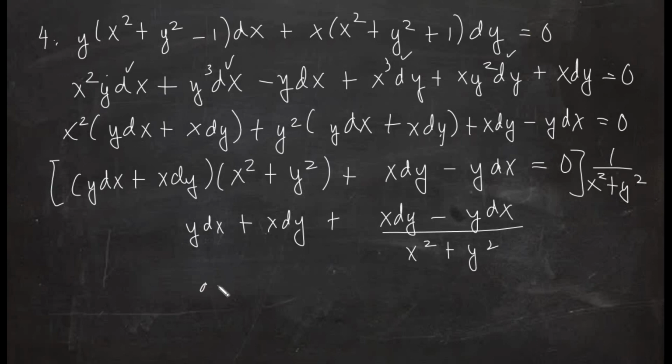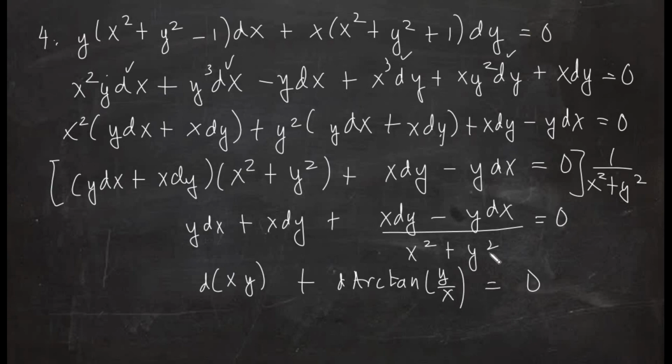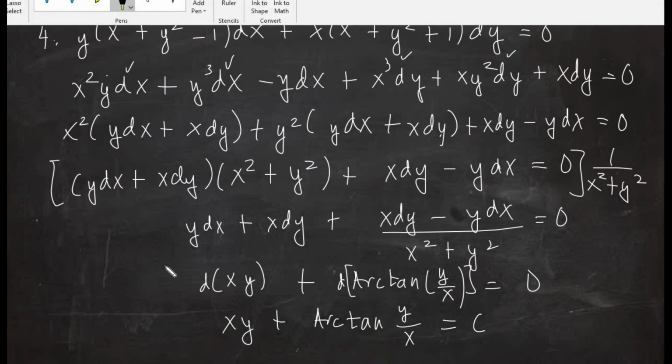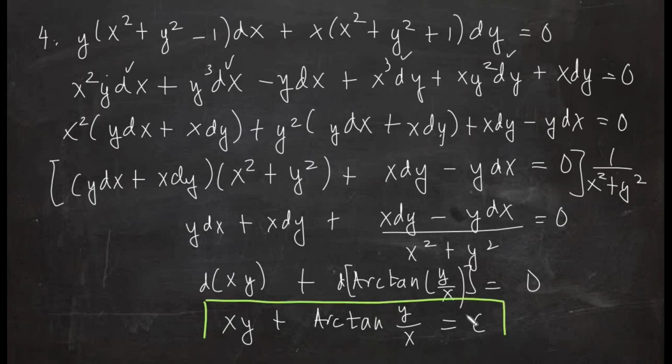And then finally, it's clear to see that this is the differential of xy, and this would be the differential of your arctangent y over x. So that is equal to 0. This would be very easy now to integrate. This is simply xy plus the arctangent of y over x is equal to c. And that would be our final answer.